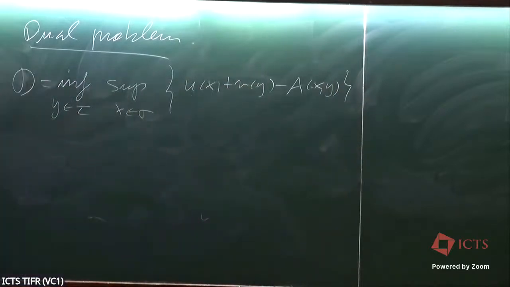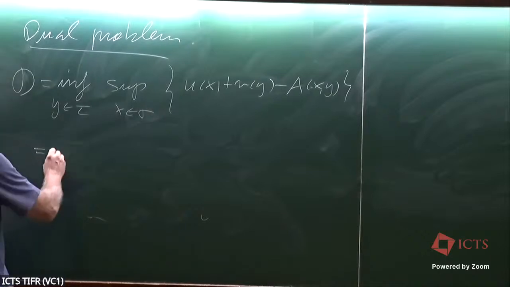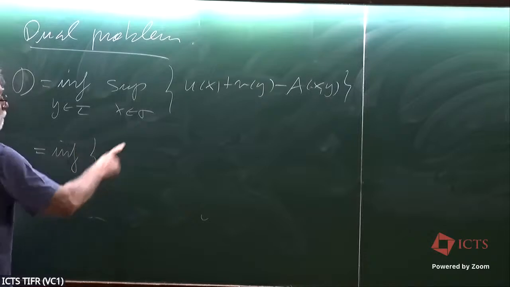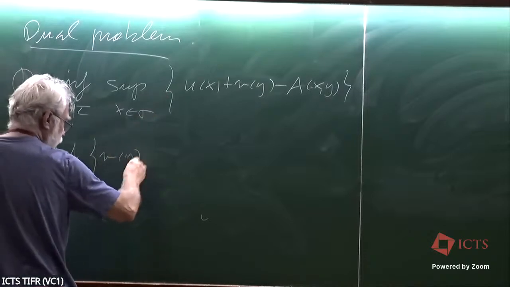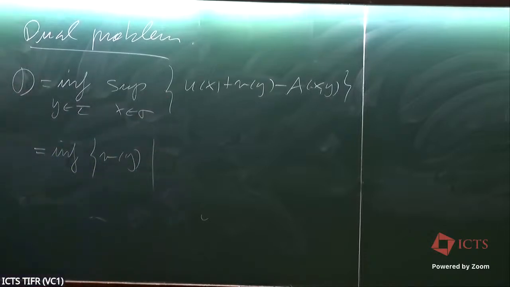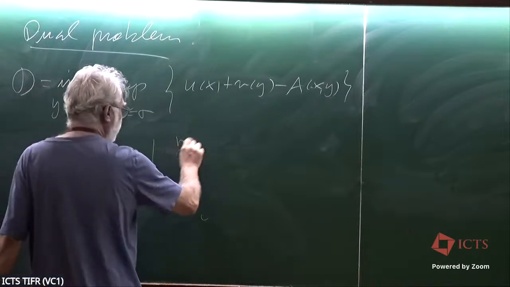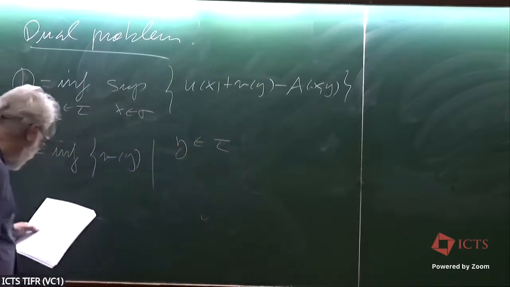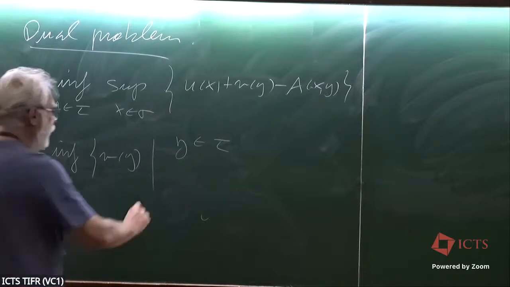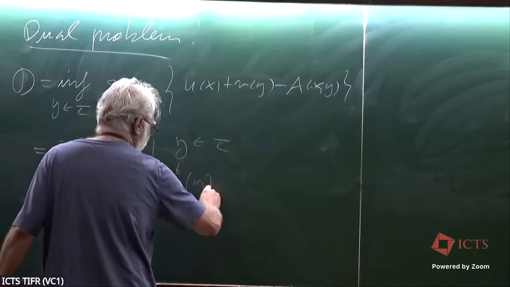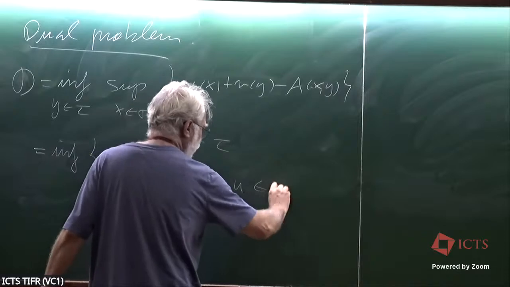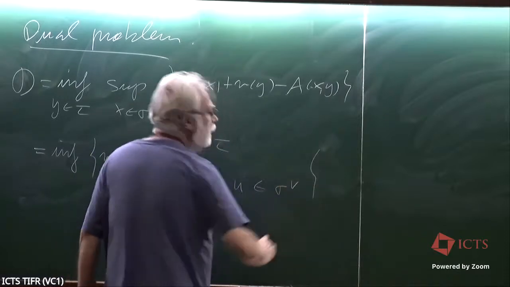Okay. And now I can play exactly the same game I made before, but in the inverse direction. And I can see that this problem is equivalent to looking at the infimum, but now of the function b of y. And now the conditions are that y belongs to tau, and that A transpose of y minus u is now the guy that has to live in B dual.